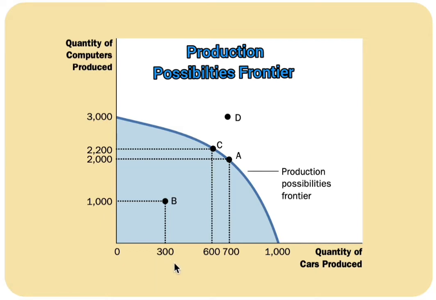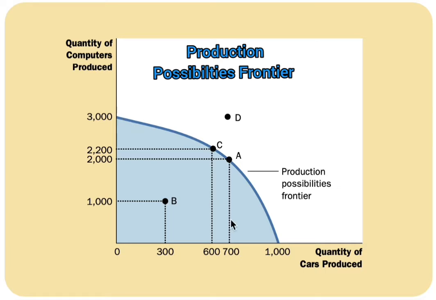Now what is the difference between A, B and C? Any point on this frontier, on this dark blue line, this concave, bowed out curve, means the economy is said to be producing efficiently. So all the points over here, whether it is C or A, or this point where it is producing 3000 units of computers and 0 units of cars, are also called efficient points.